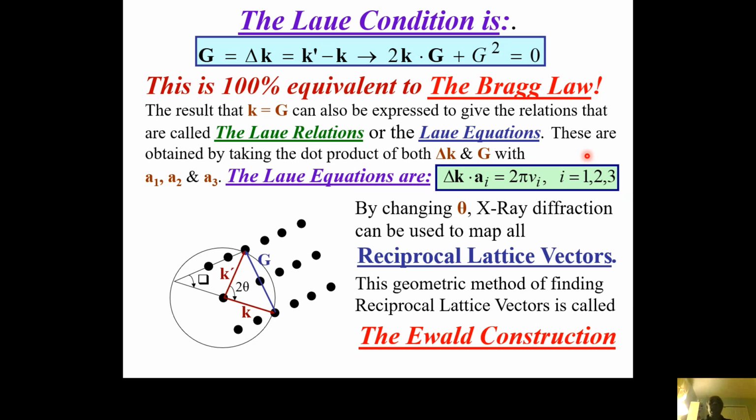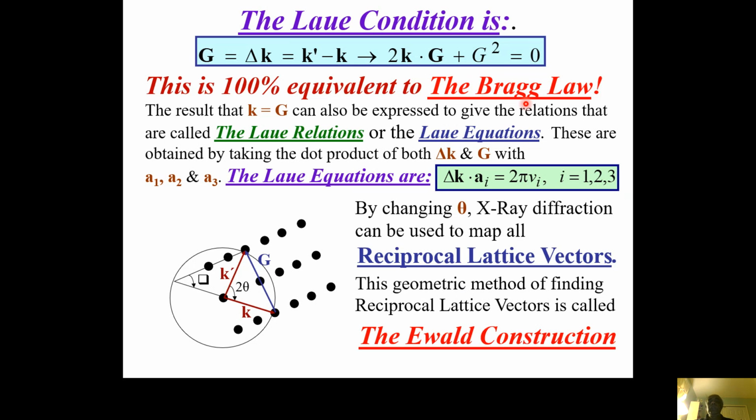Okay, so also the Laue condition or the Bragg condition: G is delta K, K prime minus K, right? This is the reflected one, this is the incoming one. Now if you square both sides, G squared equals K prime squared plus K squared minus 2 K dot K prime, right? But K squared and K prime squared are the same because of elastic scattering, then you get this equation, just another way to write the Laue condition: 2k dot G plus G squared equals 0.